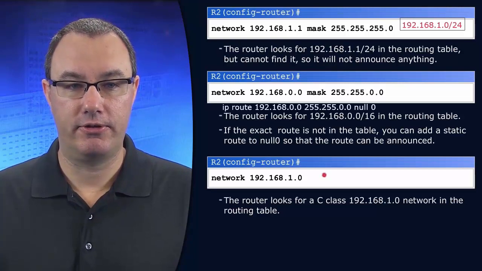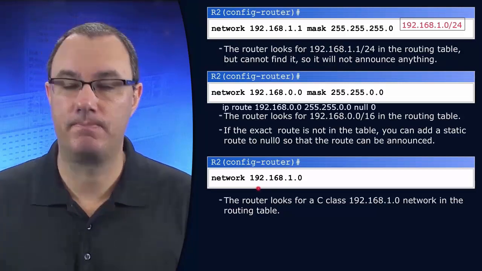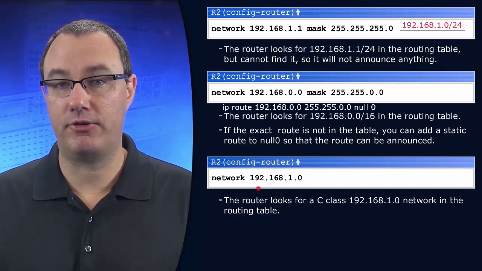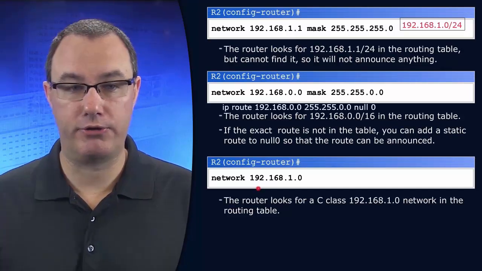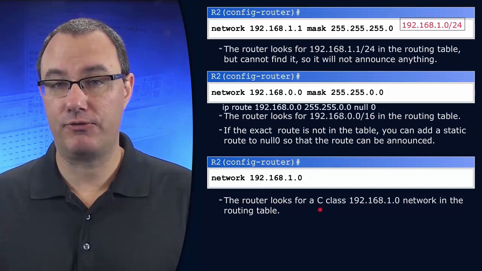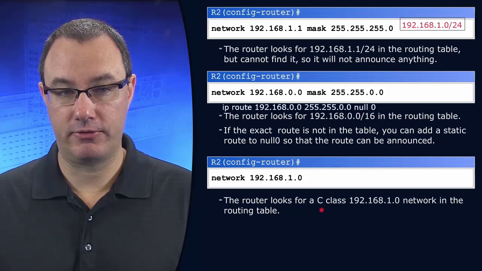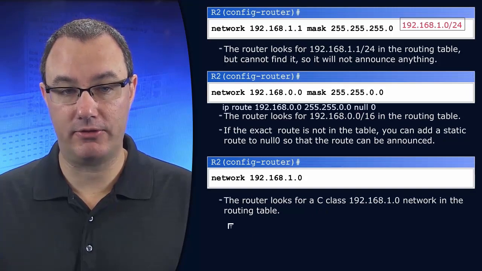One last challenge. The BGP network statement, when a mask is not used, will assume a classful mask. And it is the class of address that you have. So you get one of 3 masks.